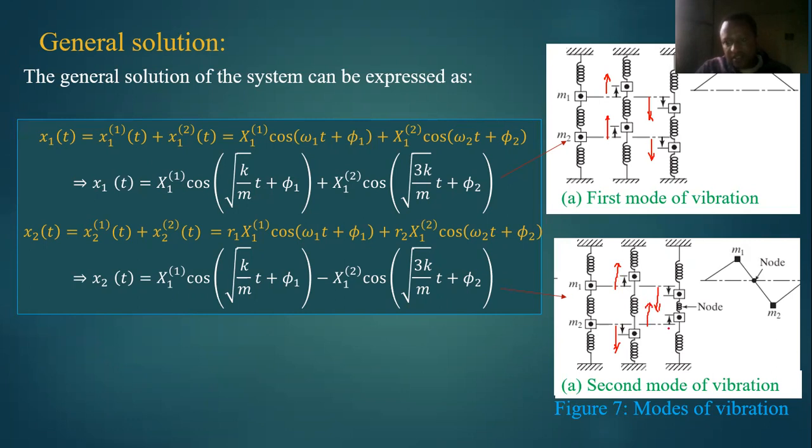So there is a node point that is considered fixed, and the amplitudes from here to here are half of x and half of x.